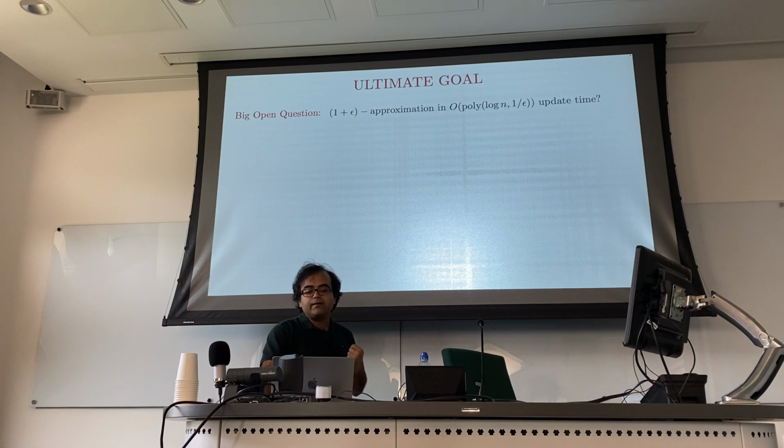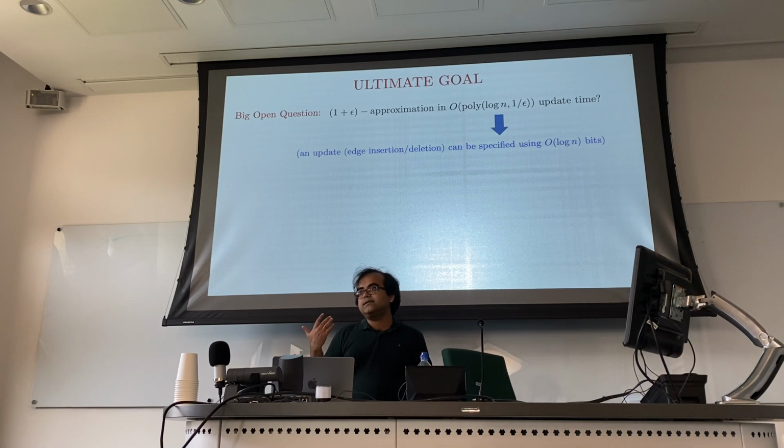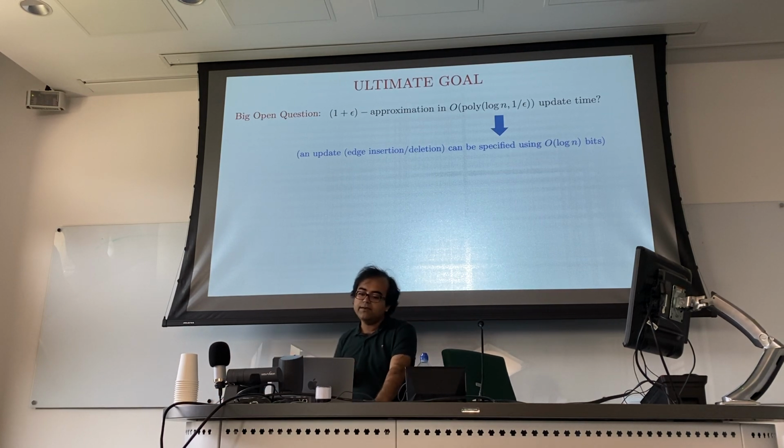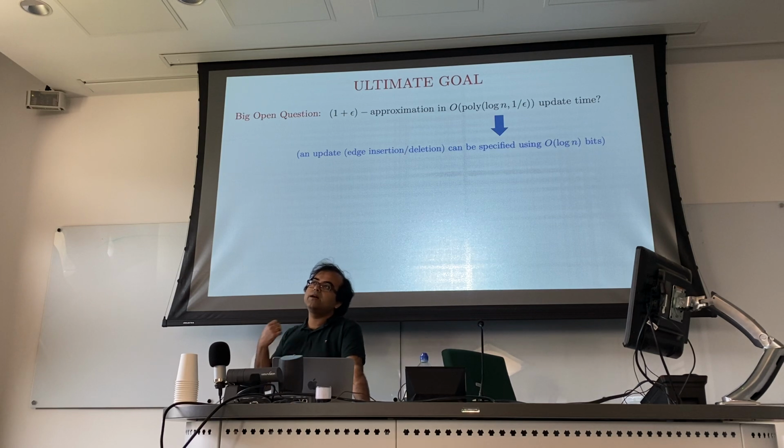Now, why do we care about this particular question? First of all, let's look at the polynomial update time bit. Note that an update is just an edge insertion or deletion. It's an n-node graph, so you can specify an update using just log n bits. So when we are asking for polylog n update time, we are asking for update time that is polynomial in the input size. Another way to think about it is this.